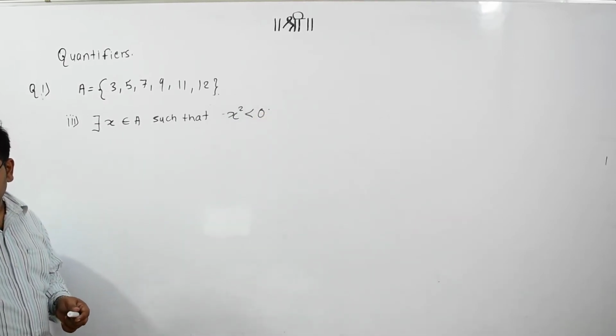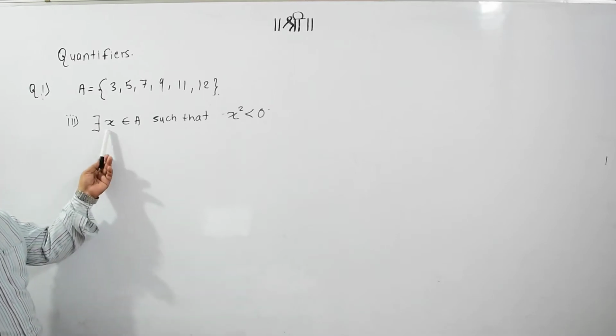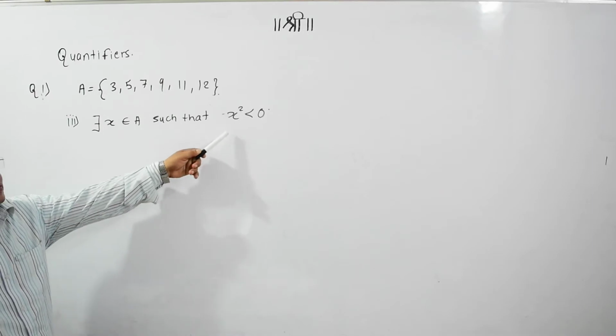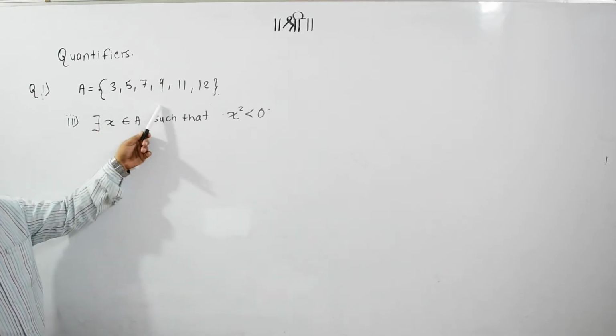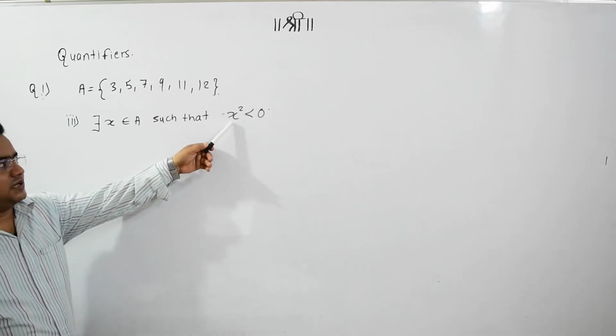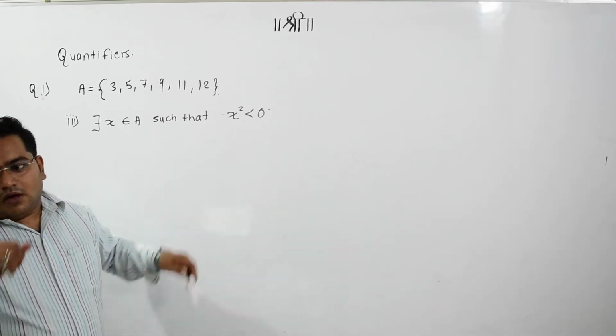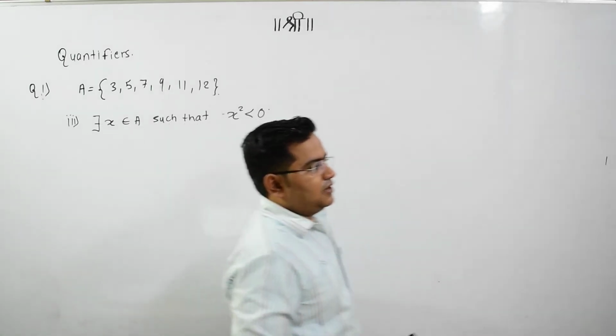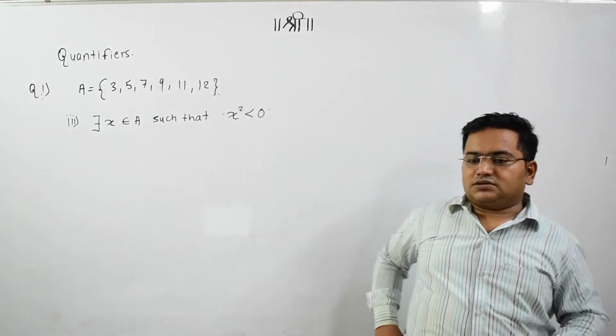Now here they are saying that there exists an x. So I cannot see any complex number whose square will be less than 0. It is only in the complex number case that it is possible for the square to be less than 0. No other number system has this kind of property.